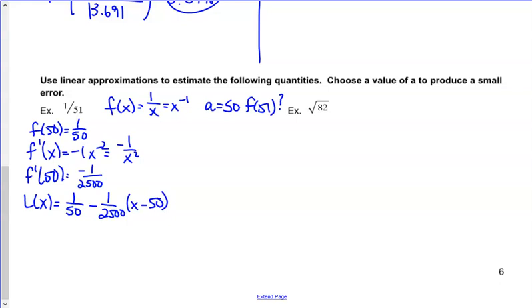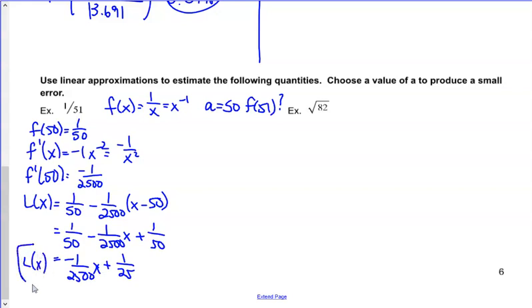So I will tell you that when you distribute that through, you end up getting 1 over 50 minus 1 over 2500 x plus 1 over 50. And when you add 1 over 50 with 1 over 50, I'm going to keep the x term, negative 1 over 2500 x, and then I get 1 over 25, and that is my linear approximation.